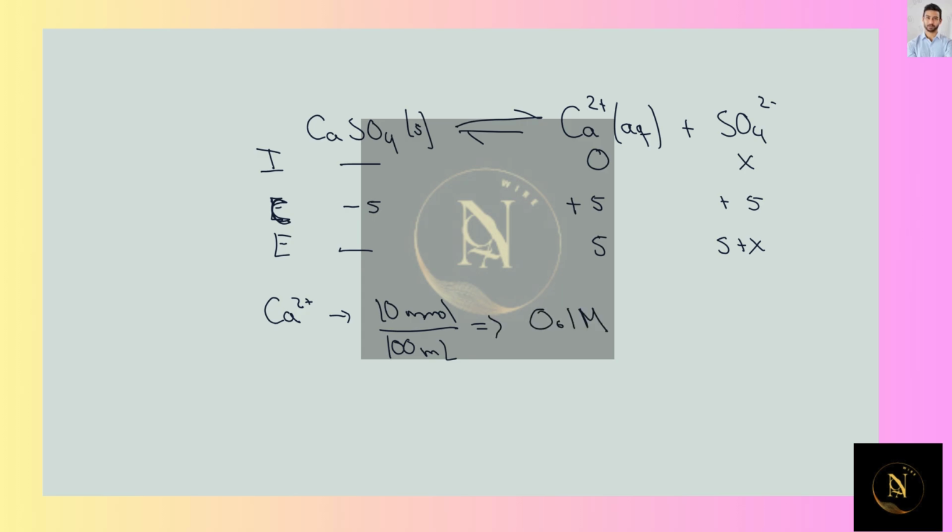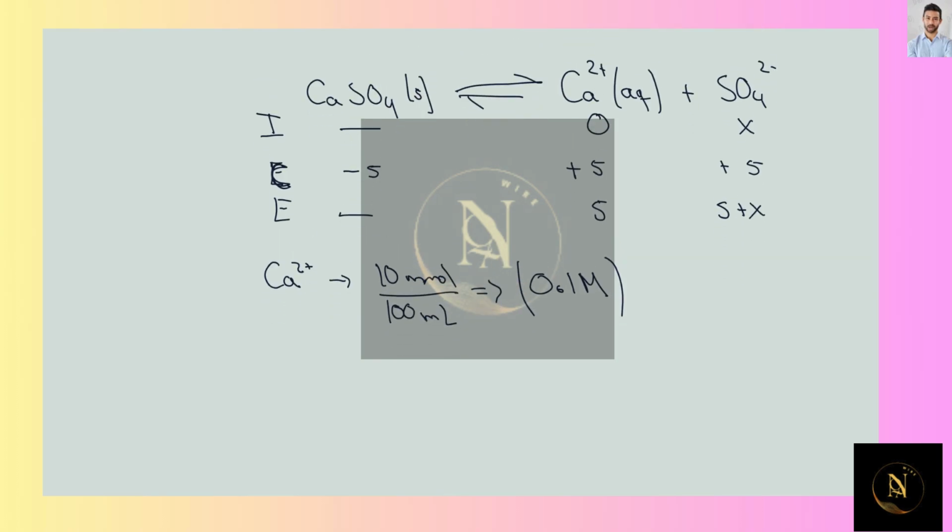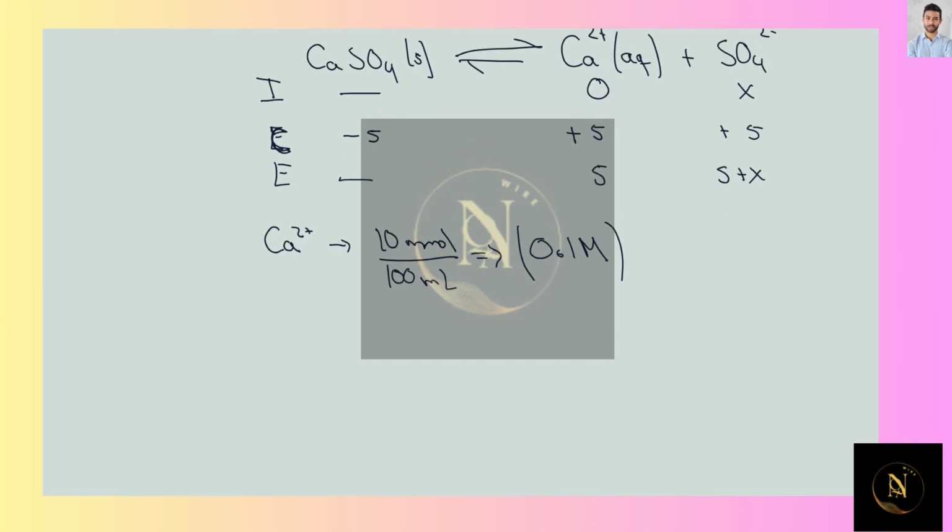If you have millimole per milliliter, you can divide it directly because the conversion factors from millimole to mole and from milliliter to liter are going to cancel out. So we're going to start with a concentration of 0.1 molar. We need to convert everything into concentrations in molarity because the KSP is given by the concentrations in molarities. Okay? So that is the starting point.